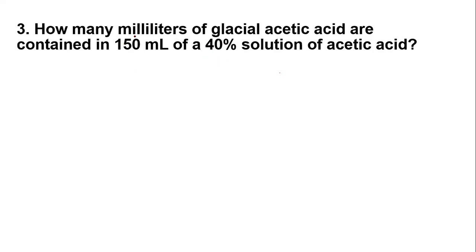Because what is being asked is the volume of the solute, and one of the givens is the volume of the desired solution, or the volume of the solution later. So this is definitely V over V.